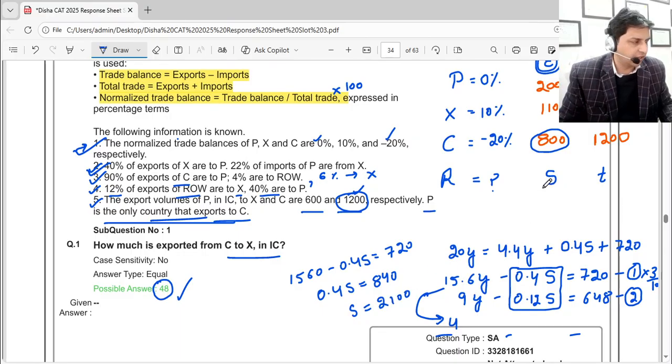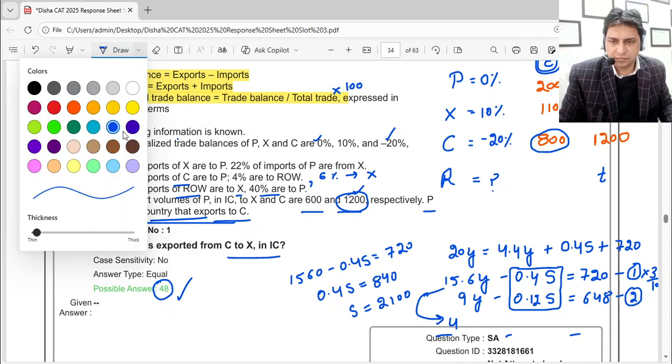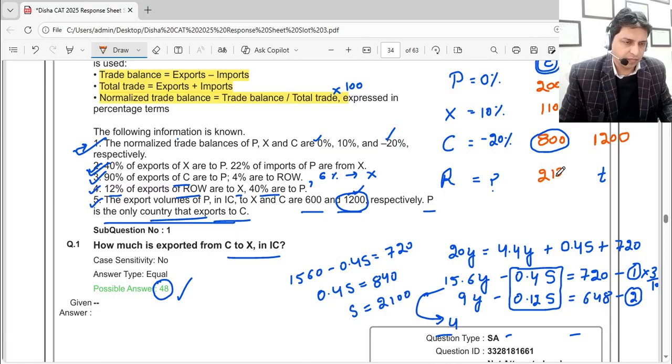So this S we can find out, that is 2100. Now as the question said, 48% of 2100, let's find out the answer.